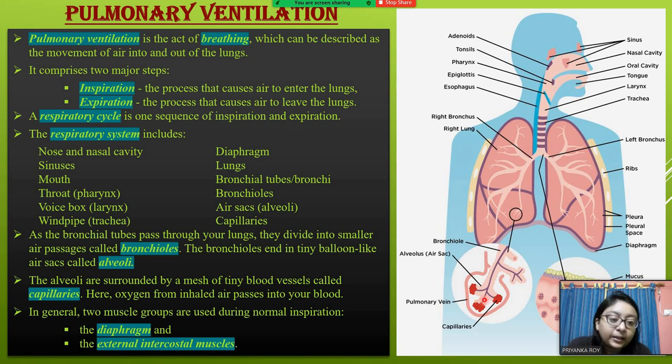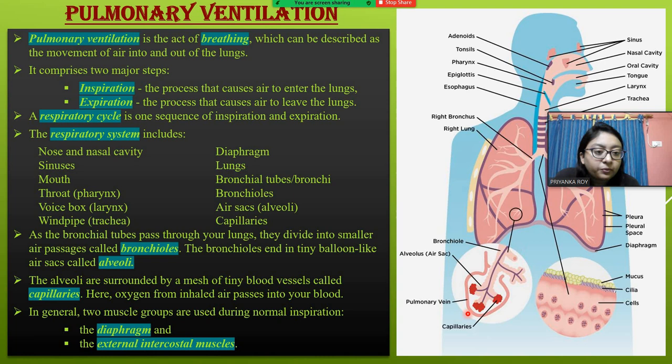Since they are surrounded by blood capillaries, it becomes very easy for the O2-CO2 exchange to take place here, because the gases can be easily assimilated into the bloodstream from the alveolus of the lungs. So these are the basic parts of the respiratory system.